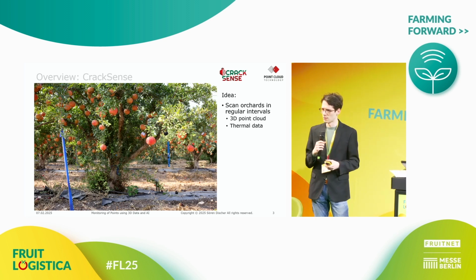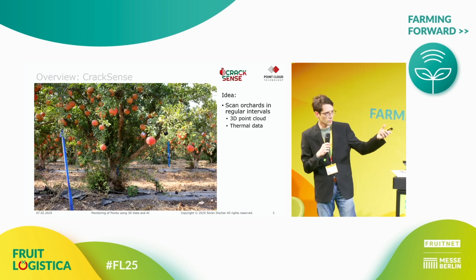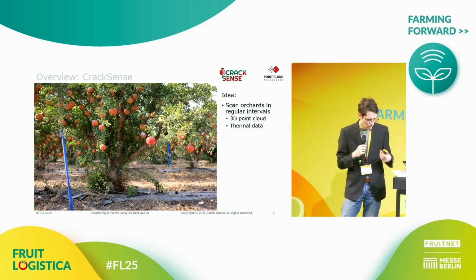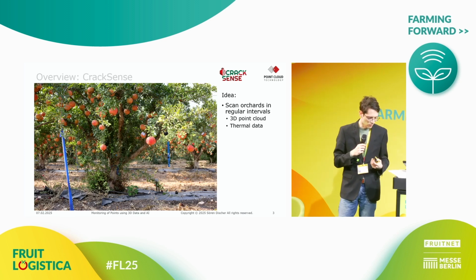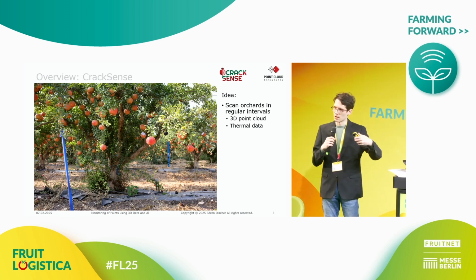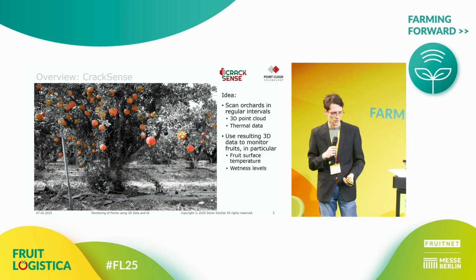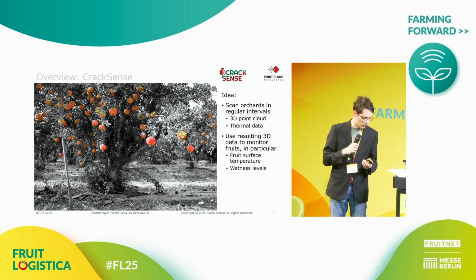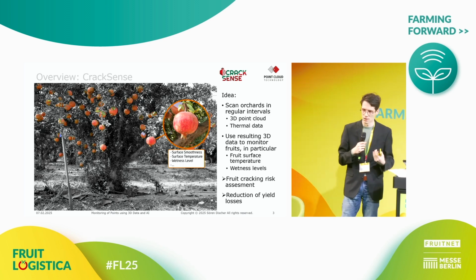The project itself has already been introduced earlier today by Avi Sadka, so I'm going to go rather briefly over the slide. The general idea here is that we want to automatically scan orchards in regular intervals, and then we want to analyze the resulting temperature annotated point clouds to identify individual foods, and then further, alongside a number of properties for each food, like the surface smoothness, the surface temperature, the wetness level.